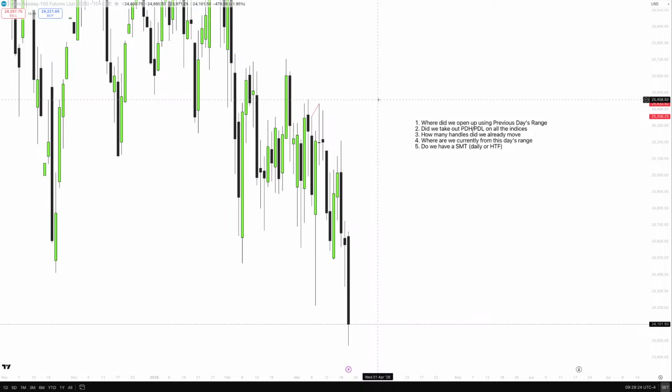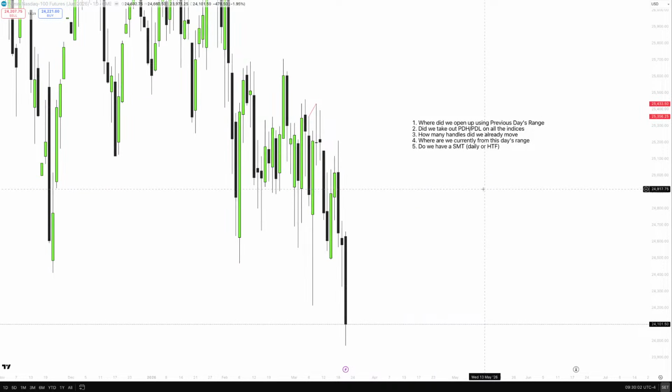That could be a session SMT at the highs, and that could signal to us that we see further continuation to the downside, and that NQ just did a manipulation to the upside, and the other two indices are in sync with each other, and they're basically showing the truth, showing you that we are going to have continuation to the downside. And then the next thing I'm looking at is the new week opening.